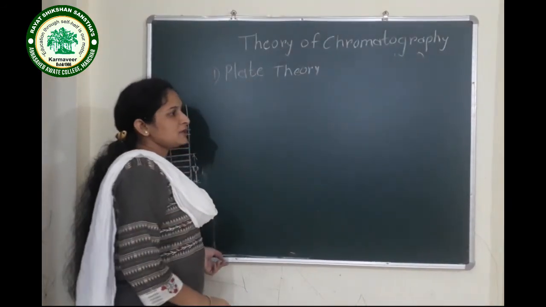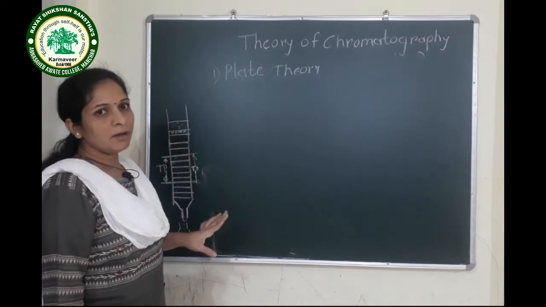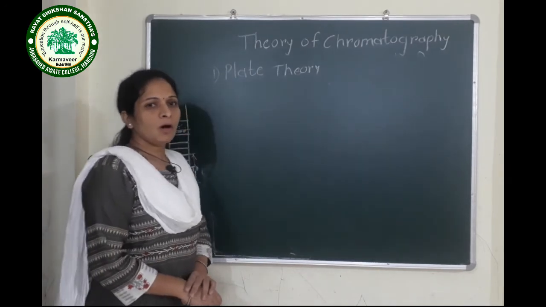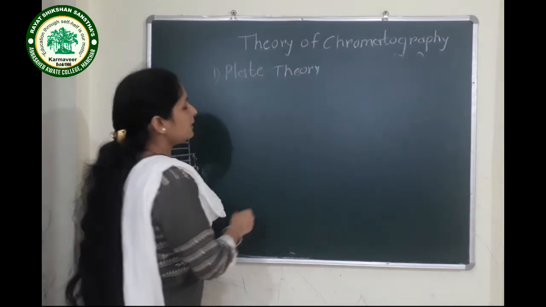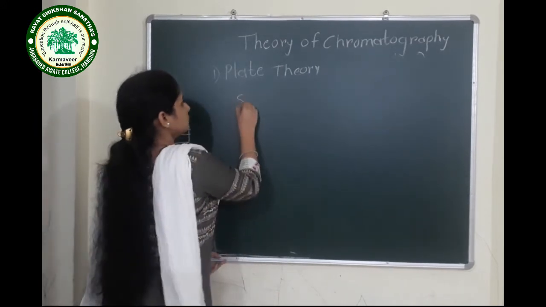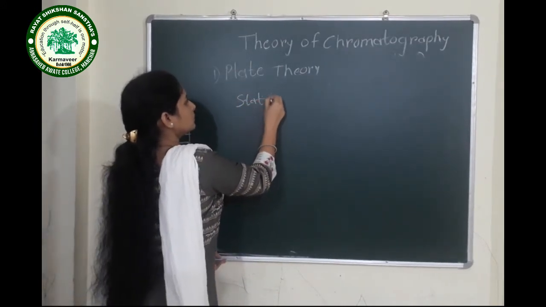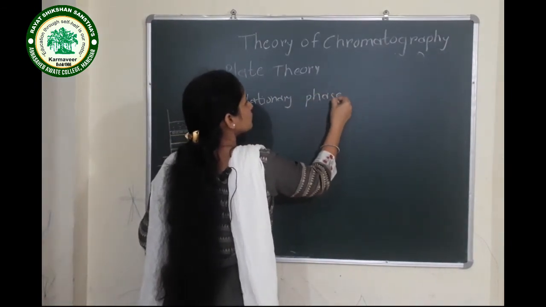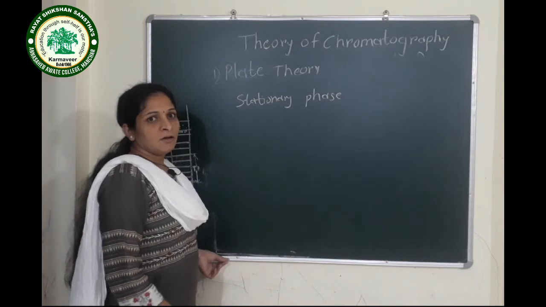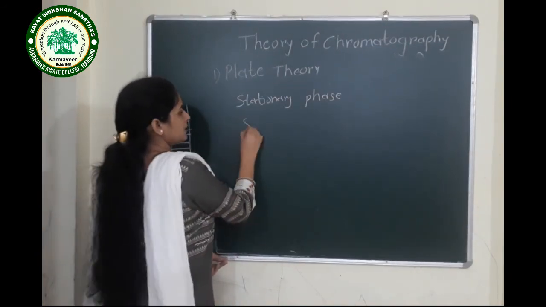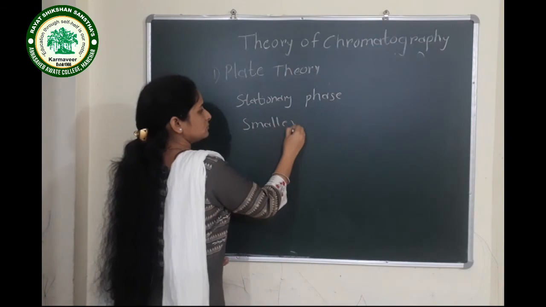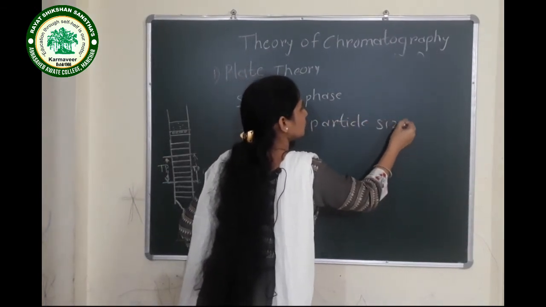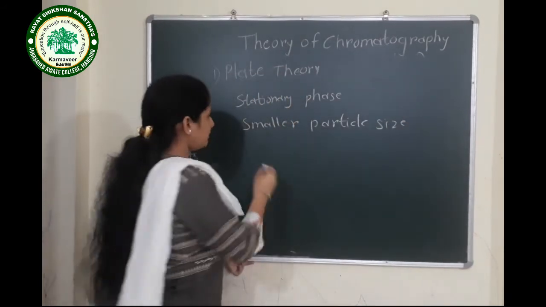If the stationary phase we are using in the column is of small particle size, it gives a lower value of HTP, meaning a greater value of N. When we use the smaller particle size in the stationary phase, what happens?